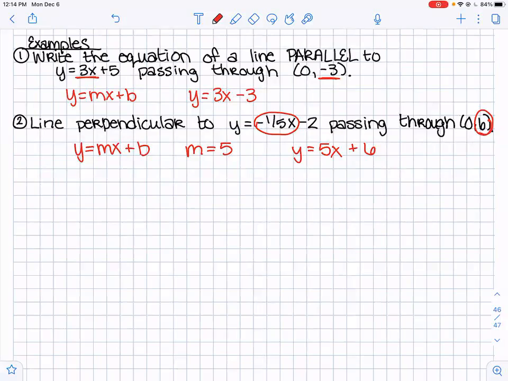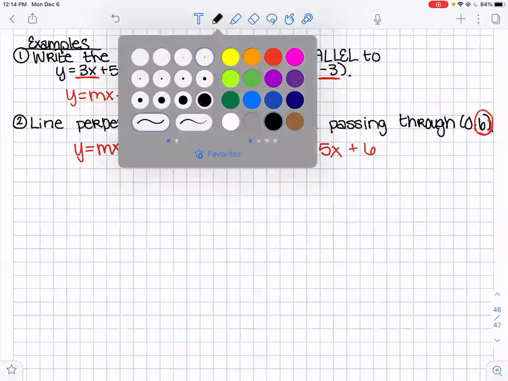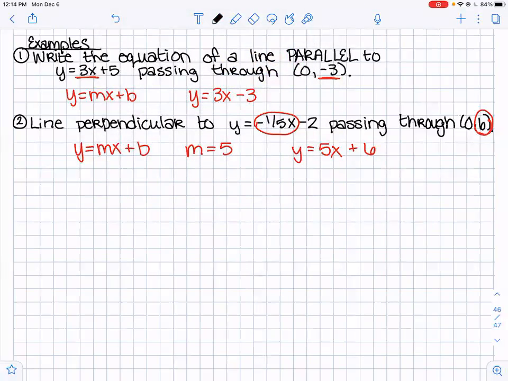Does everybody see how this is working? Yeah. Okay. These two we're going to write in point slope form.